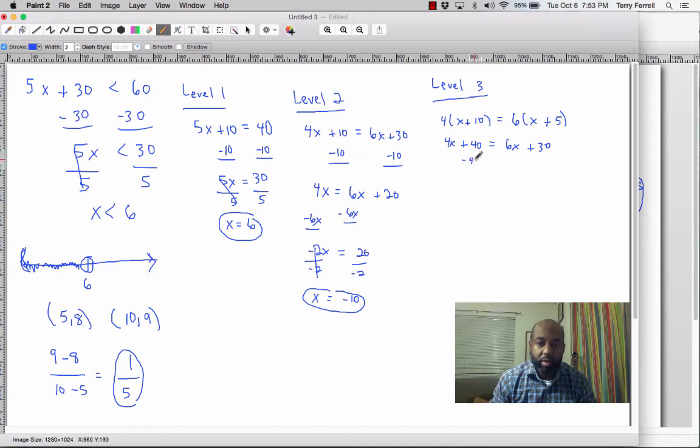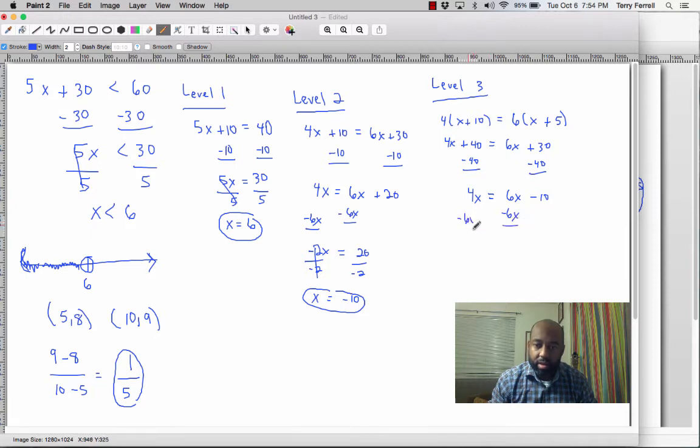Let's subtract 40 on both sides. So now you got 4x is equal to 6x minus 10. And then here I'm going to subtract 6x on both sides.